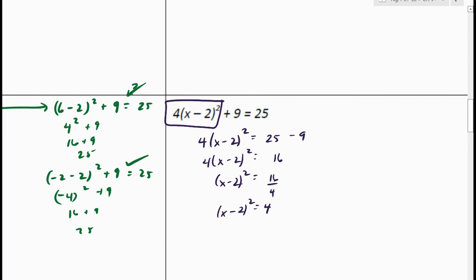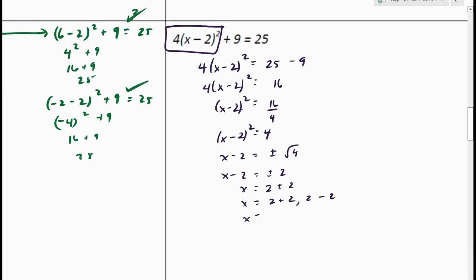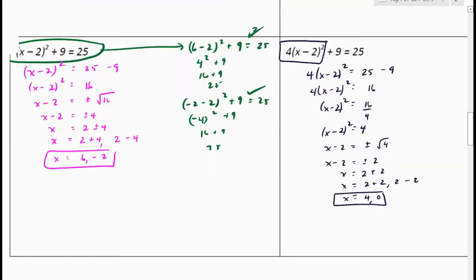And now you're to the point where, okay, something squared is 4. Sure, that's possible. That something is either positive or negative the principal square root of 4. And then we'll move the 2 to this side. So I know I'm either doing 2 plus 2 or 2 minus 2. So I'm getting either a 4 or a 0.